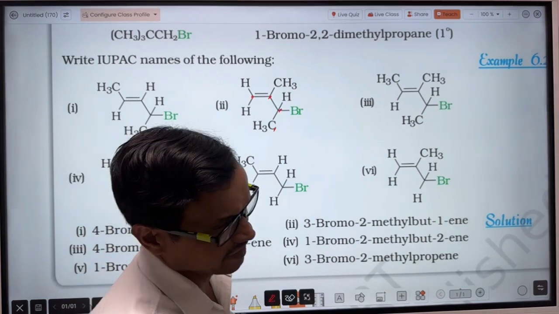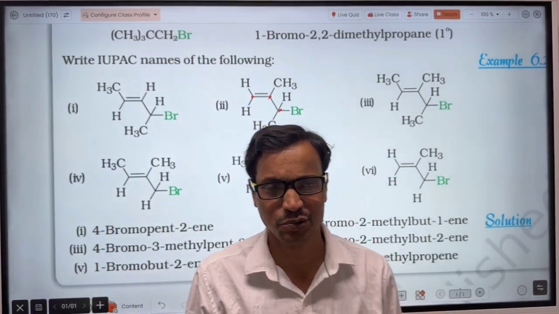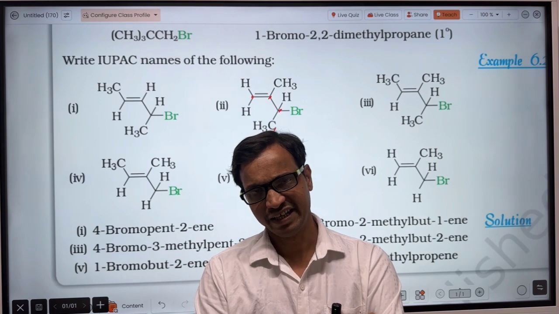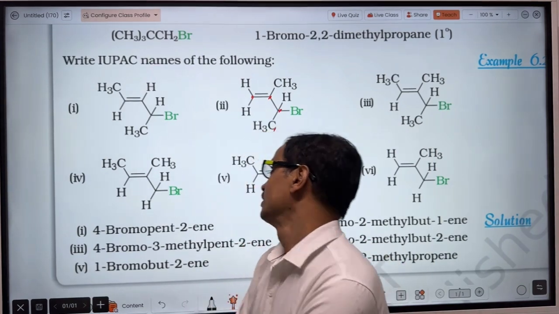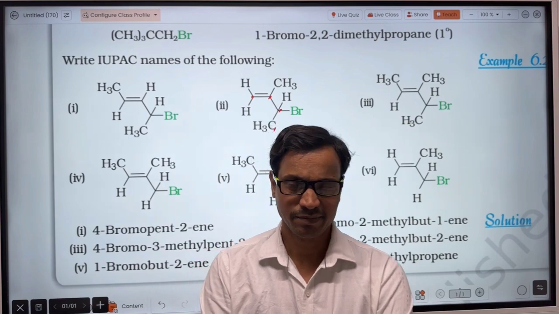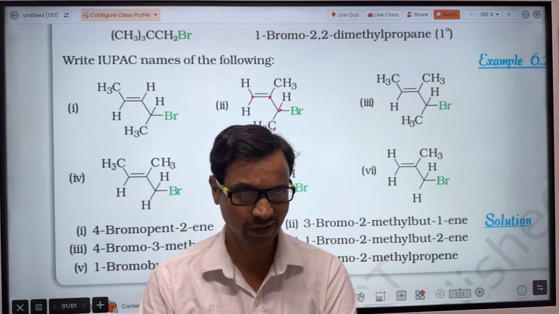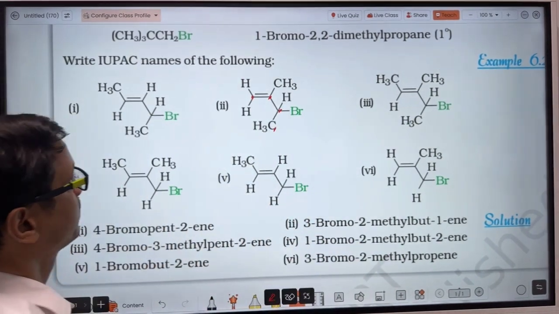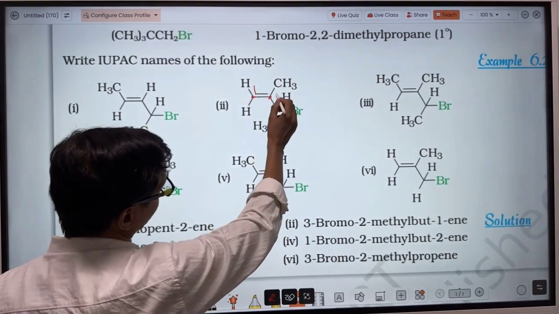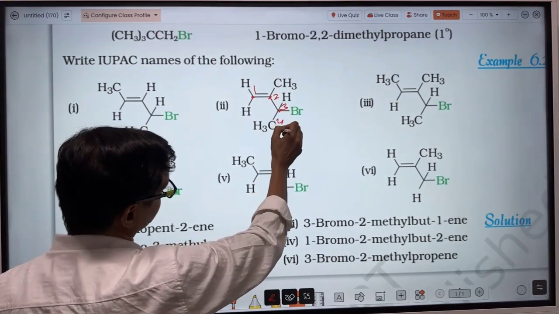After selecting the chain, you will have to do the numbering, in such a way that you give the lower position to the double bond. So here the first position has the double bond. So do the numbering from here, 1, 2, 3, 4.